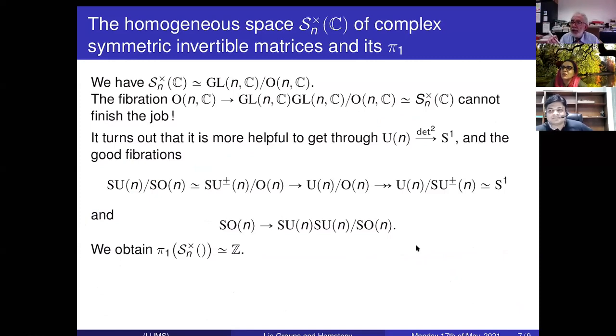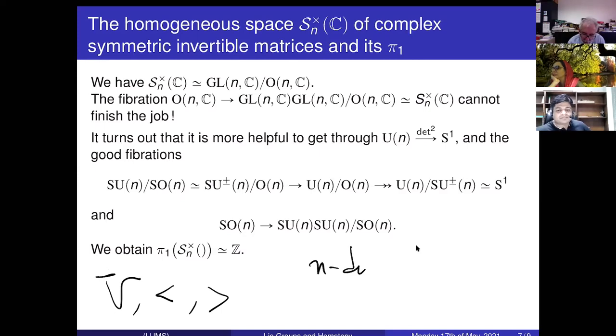Linear algebra reduction. Okay. First of all, what you need here in this context is to know that if you have a Hermitian vector space, an n-dimensional vector space over C, equipped with a Hermitian form.